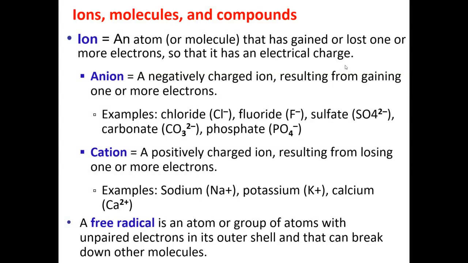We use a symbol for the element with a minus sign. So chlorine, Cl minus, fluoride ion would be F minus. This would be a molecule. That's an ion. And this 2 minus would mean that it has gained 2 electrons.